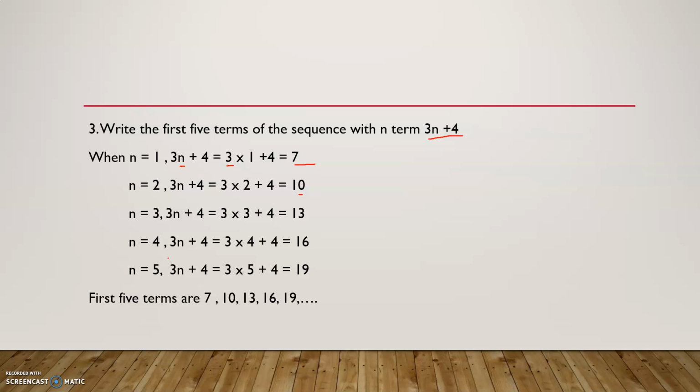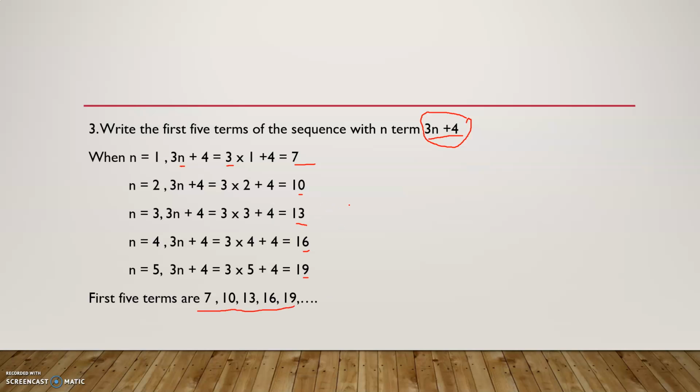When n equals 3, and then if you work out n equals 4, n equals 5, then we'll have 13, 16, and 19. So first 5 terms would be 7, 10, 13, 16, and 19. So it's following position number times by 3 and then plus 4. So this is the rule for this series.